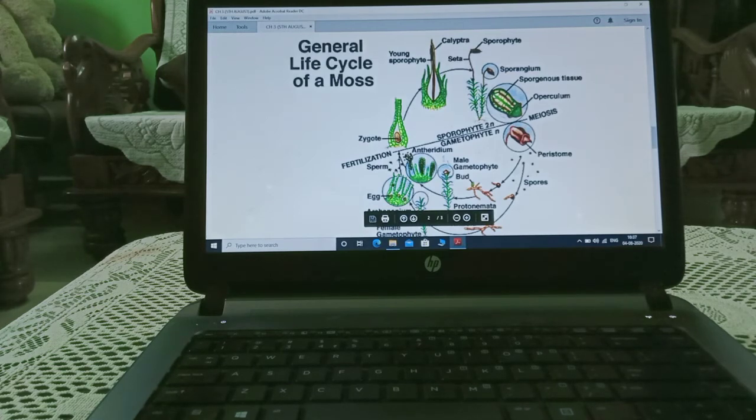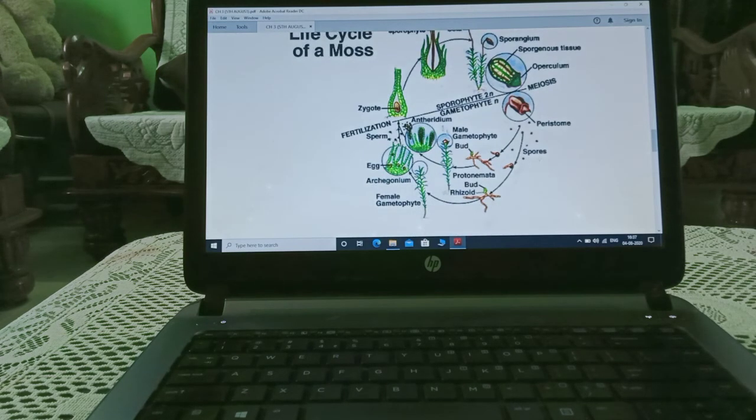This is the plant, this is sporophyte, and from sporophyte spores are developed. They are developed inside the sporangium. This is the sporogenous tissue. Operculum means mouth. Here the mouth is open and spores are liberated.